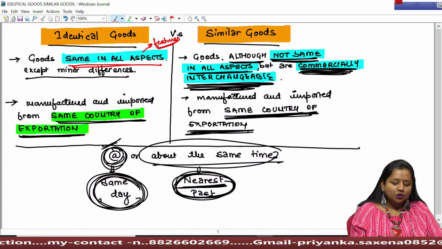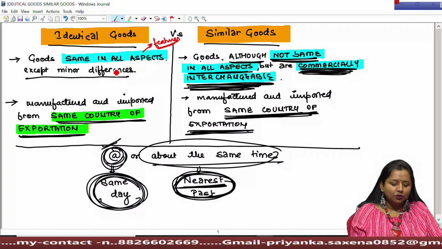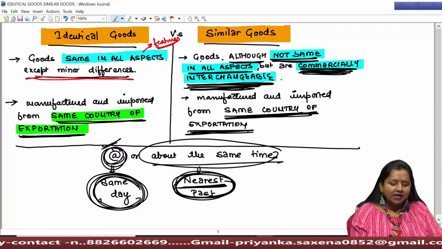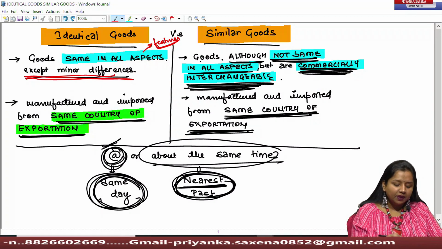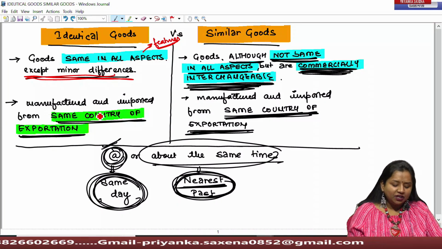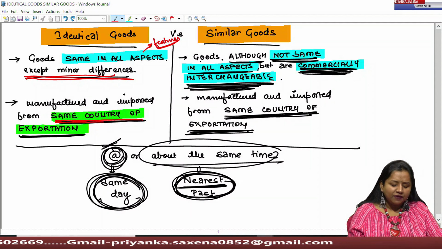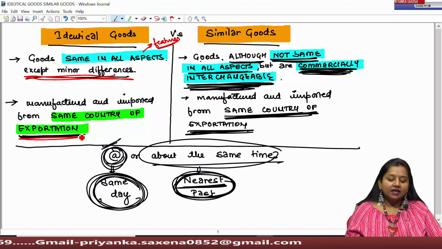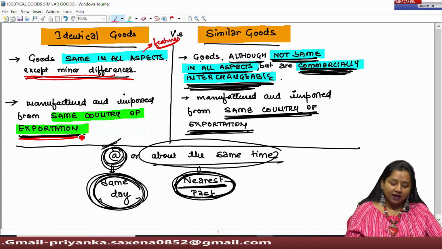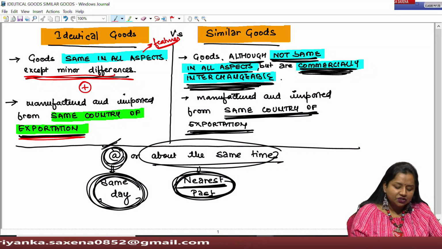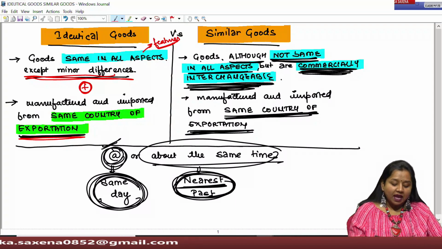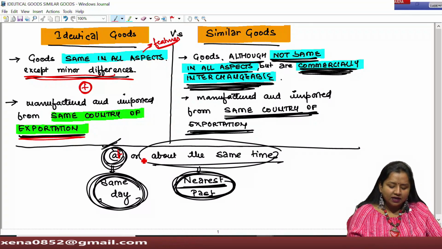So those goods whose features are almost the same except minor differences, and manufactured and imported from the same country of exportation. That is, the country from where they have been imported to India must be the same. If both these conditions are satisfied, and such goods must be imported in India at or about the same time.